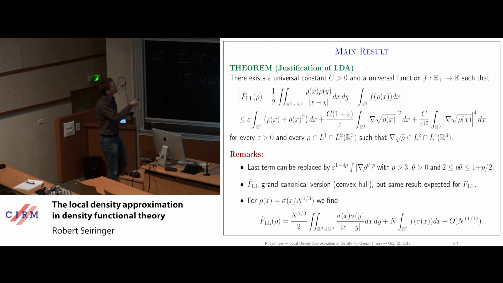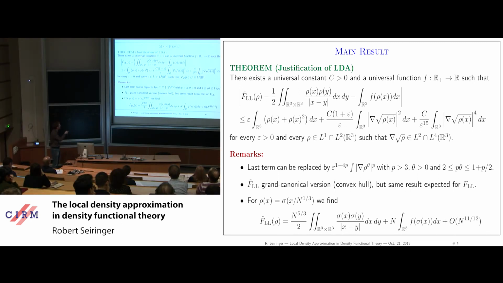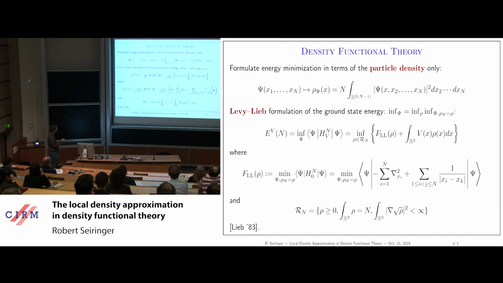Now I should say a few words on what this F tilde actually is. This is, as I said, the convex hull of the Levy functional. I remind you, here is the definition. This functional is not actually convex. It has no reason to be convex, so we can look at its convex hull. What this actually means is simply that instead of minimizing over wave functions psi having this given density, we allow mixed states.